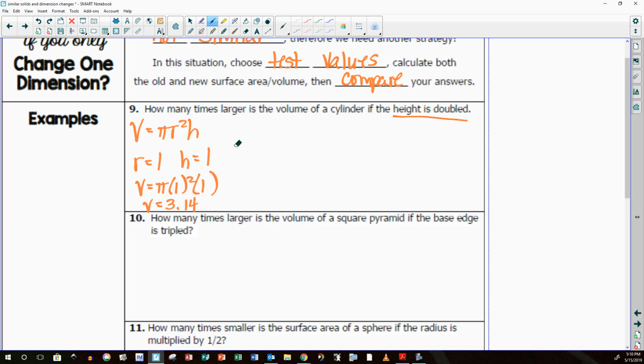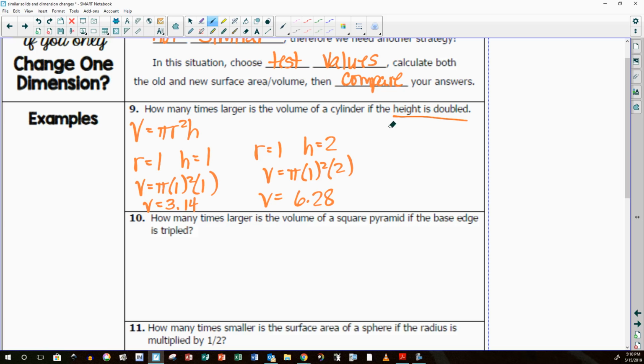Now it says to double the height. So now the radius is 1, and the height is 2. Volume is pi r squared h. 1 squared is 1, 1 times 2 is 2, and 2 times pi is 6.28. Now compare.